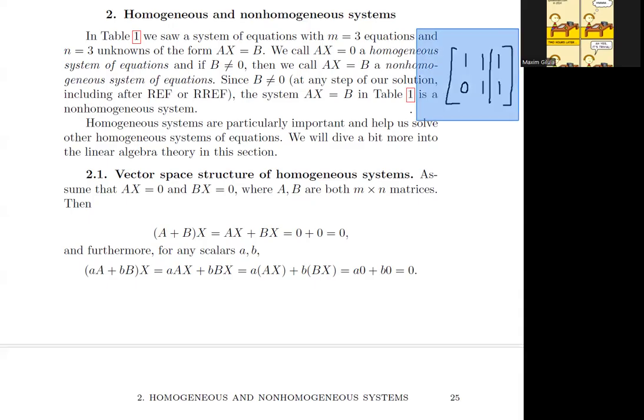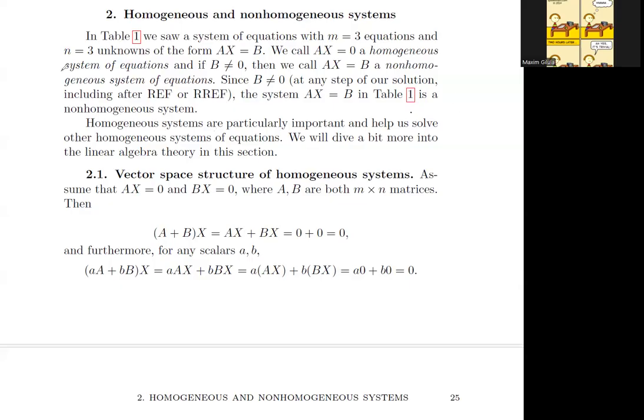It actually shouldn't be possible at any step. So homogeneous or non-homogeneous shouldn't depend on the Gaussian elimination that you do. You could try and find out about that by doing an example. So these are well defined, independent of any kind of elementary row operations you do.